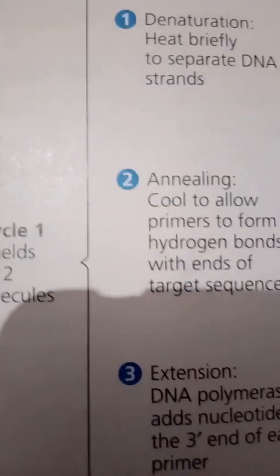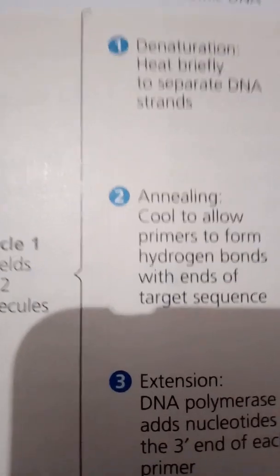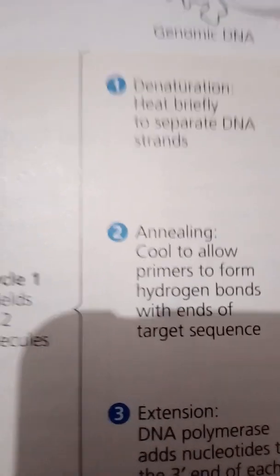If we want to clone a gene but are unsure in what cell type it is expressed, or are unable to obtain that cell type, a genomic library is almost certain to contain the gene.